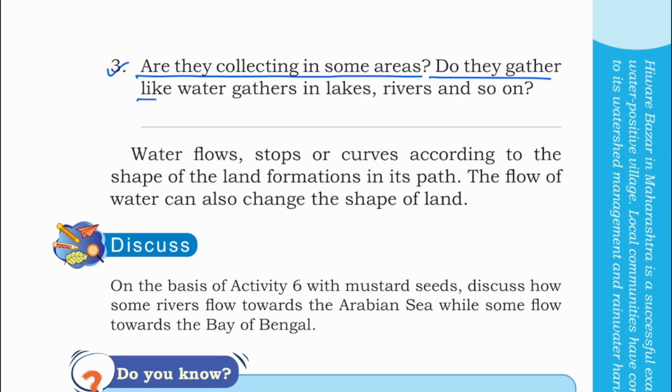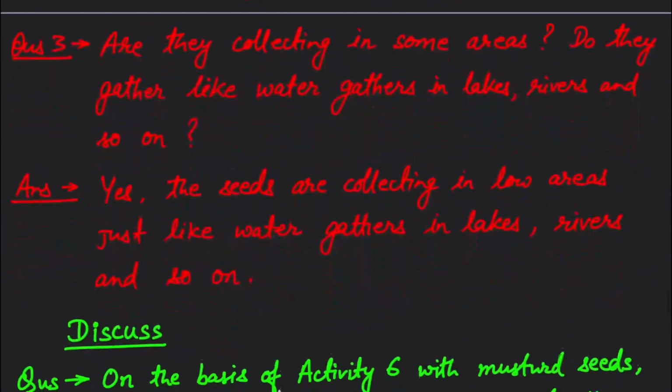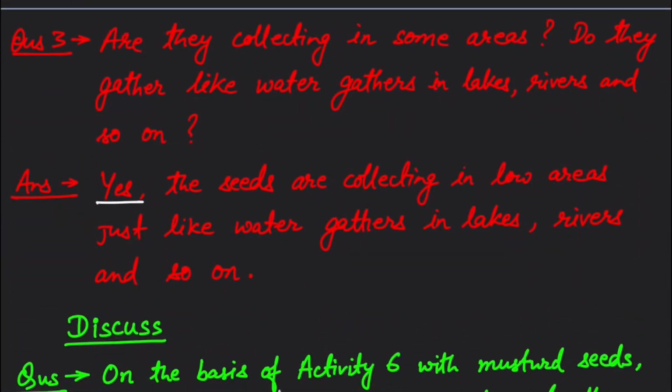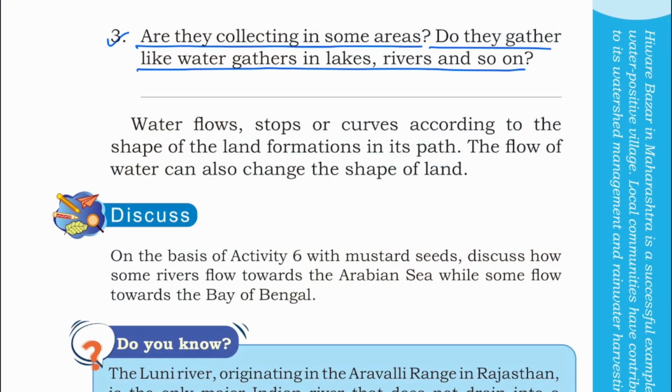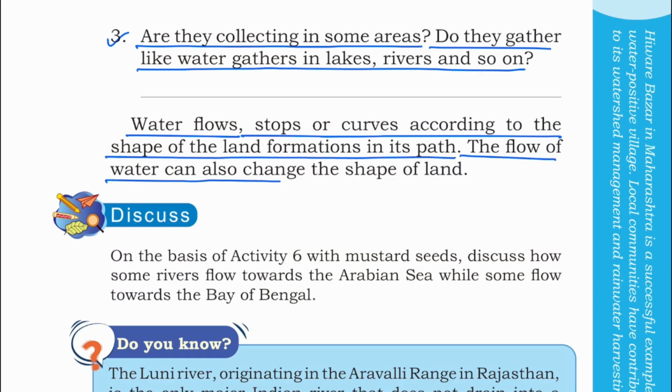Do they gather like water gathers in lakes, rivers, and so on? Yes, the seeds are collecting in low areas just like water gathers in lakes, rivers, and so on. Water flows, stops, or curves according to the shape of the land formation in its path. The flow of water can also change the shape of land.